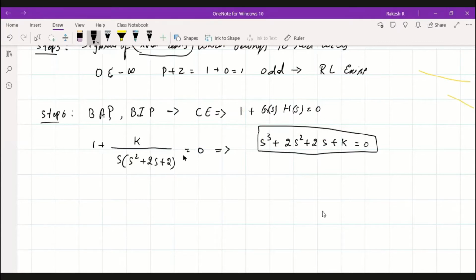I have taken the LCM and multiplied whatever is left in the denominator with 0, and simplified this. Now, how to find breakaway and break-in points?